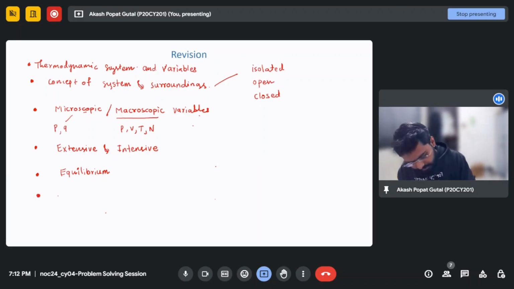And after that, we have learned the zeroth law of thermodynamics.